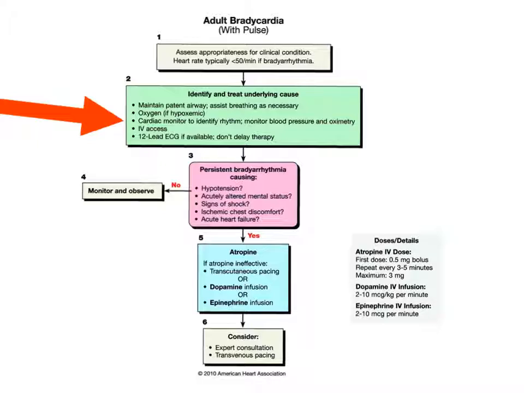The point there being that the treatment is based on the rate and the patient's hemodynamics more than it is the particular degree of block. The 12 lead is not particularly helpful with these, whereas in the tachycardias it may be a little more helpful. In the bradycardias, you can see that just fine in lead 2.